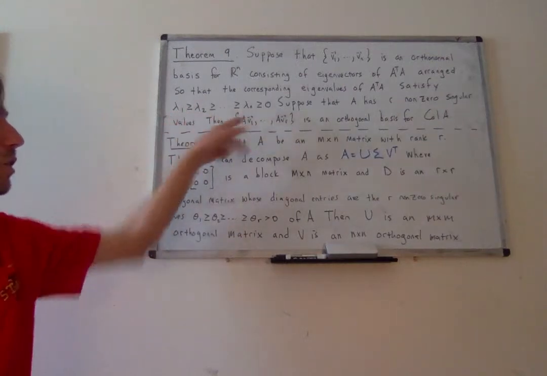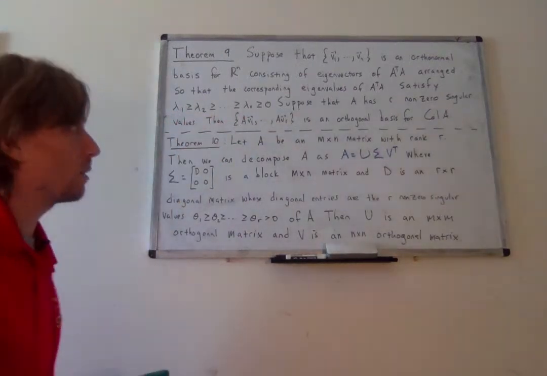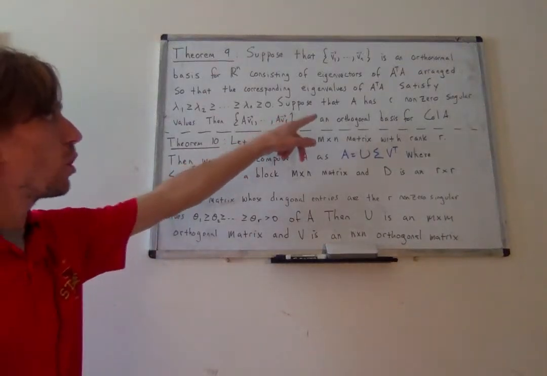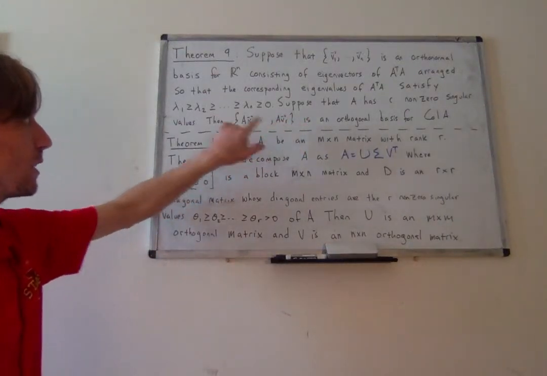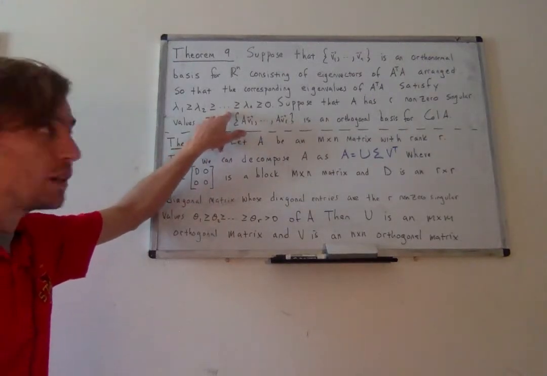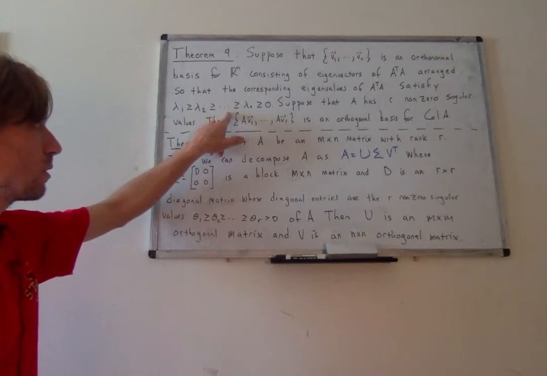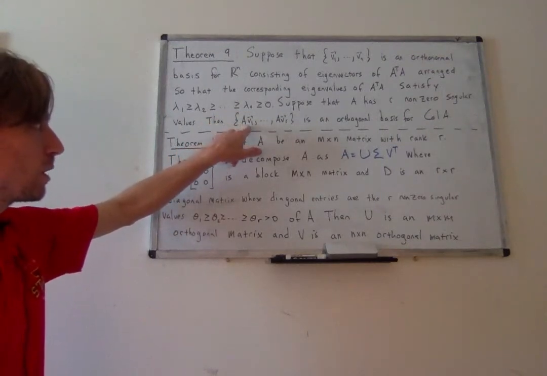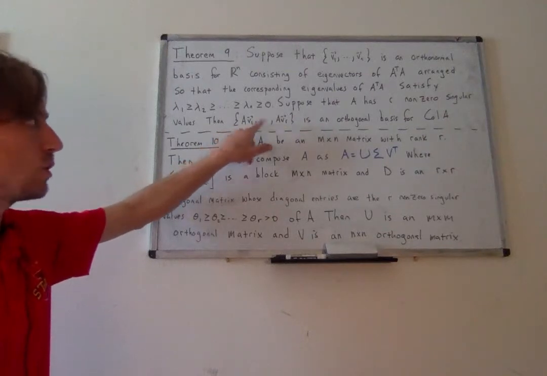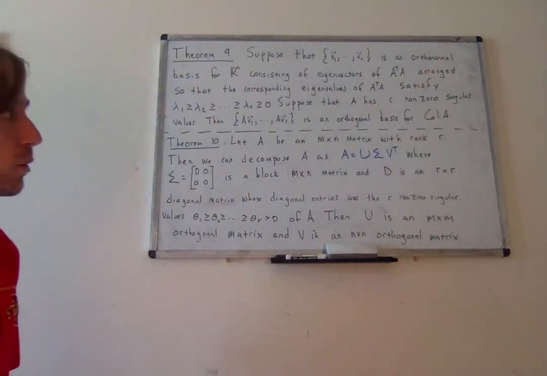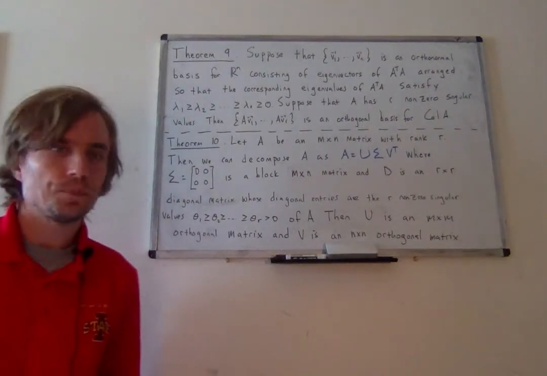So lambda 1 is the largest, lambda n is the smallest. And then if A has r non-zero singular values, meaning lambda r is the last eigenvalue of A transpose A which is non-zero, then it turns out that the vectors A times v1, A times v2, all the way up to A times vr form an orthogonal basis for the column space of A.